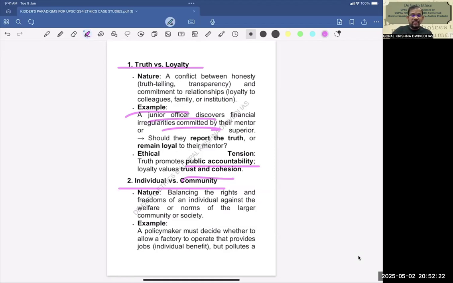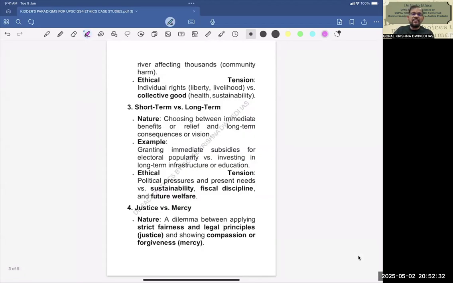The factory gives a lot of jobs, economic development, taxes, etc., but it pollutes the river, affecting thousands of people, because drinking water, irrigation, etc. are from the river water. So now what will one choose? Whether one will choose individual employment or economic development, or the pollution which is affecting thousands of people for drinking water and so on.